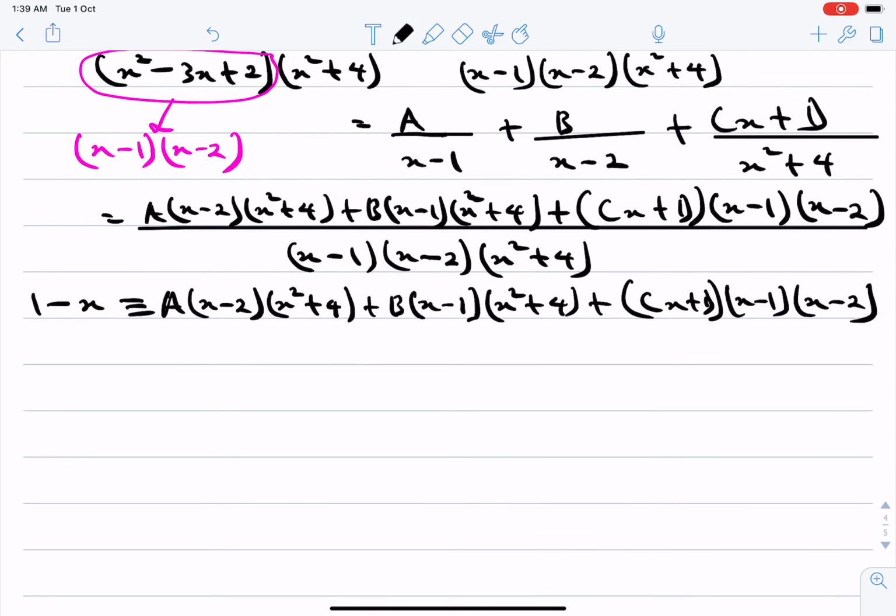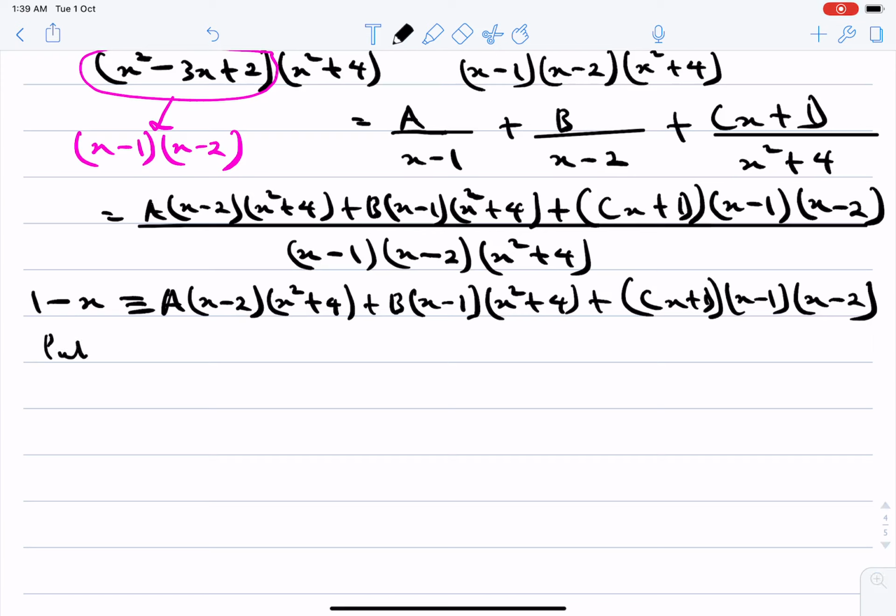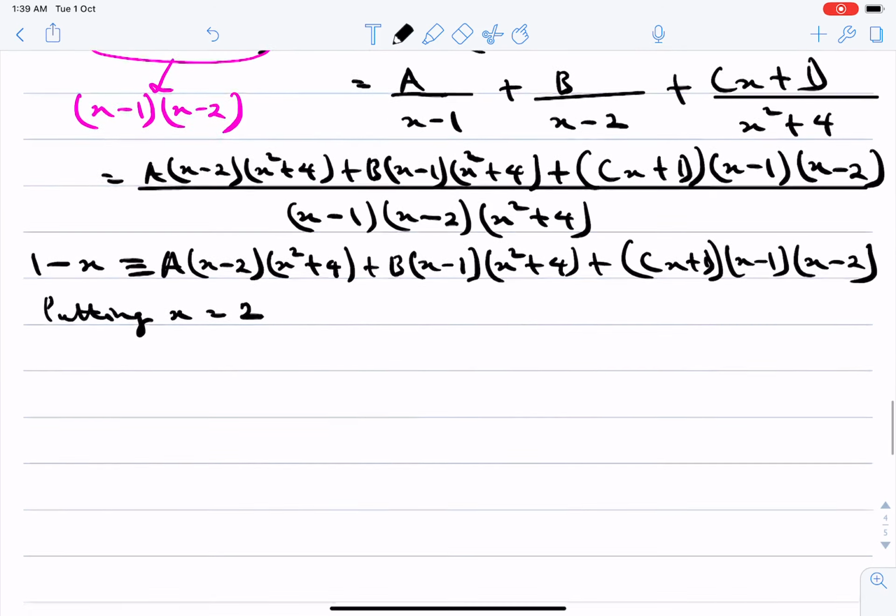So we can simply solve this by the cover-up method. Putting x equals 2.